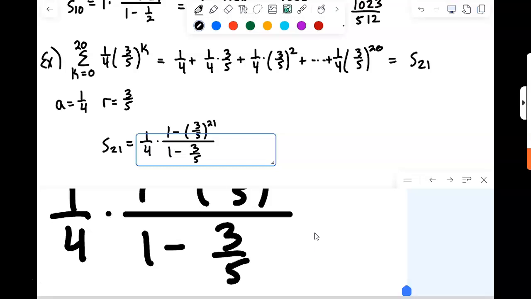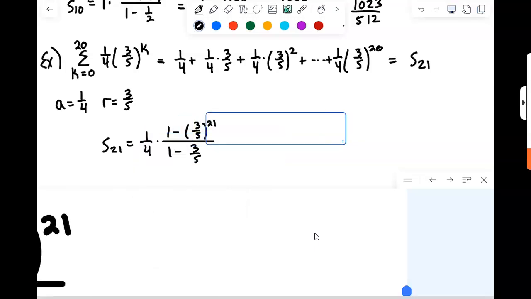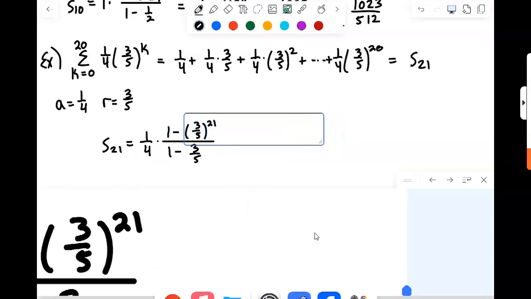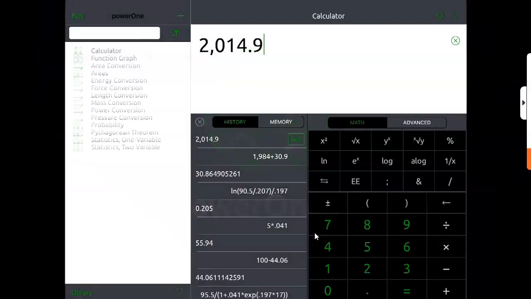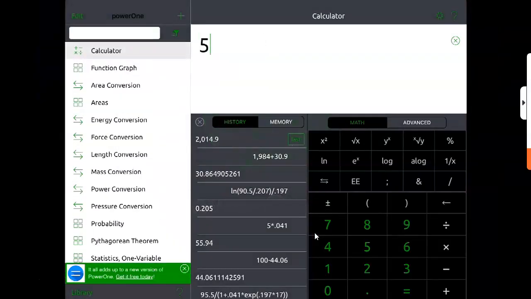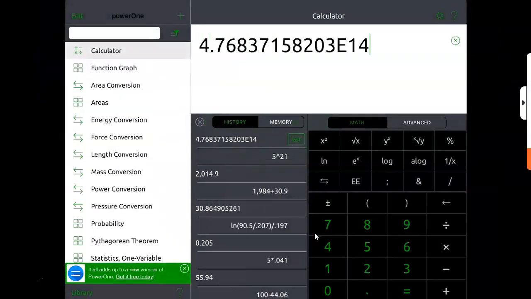Now this one here, I'm going to just approximate. We could deal with it, but it's going to be kind of messy. 5 to the 21st power, right? Being something messy in scientific notation like that, I don't want to deal with that. So I'm just going to approximate this on my calculator.